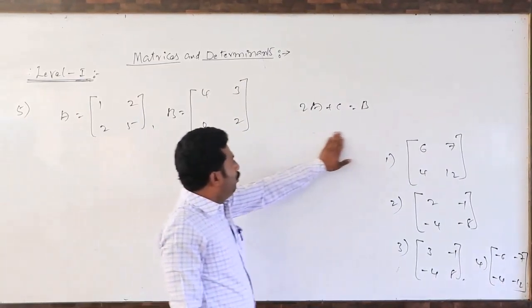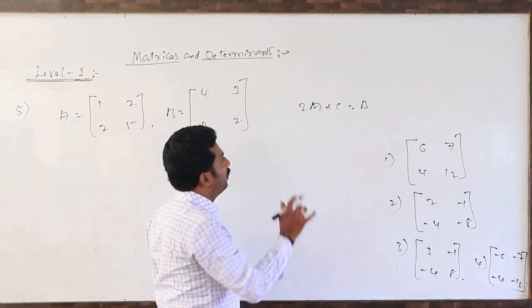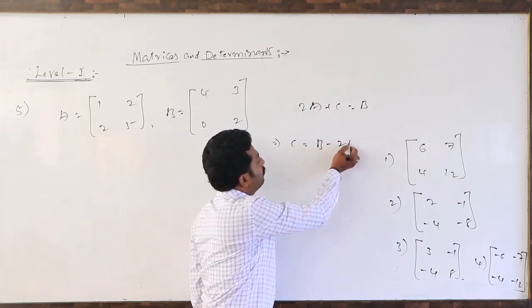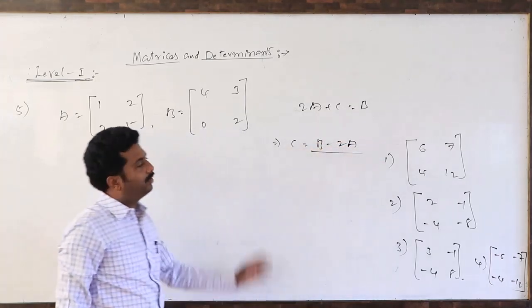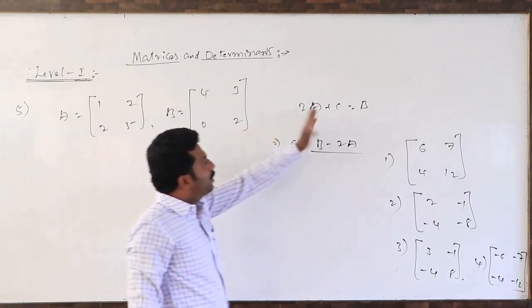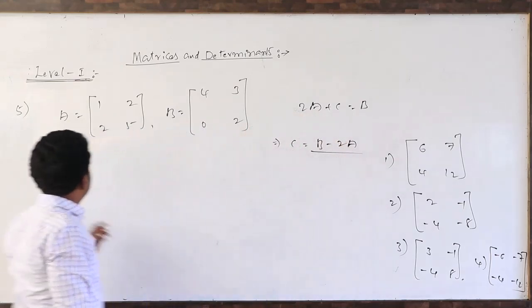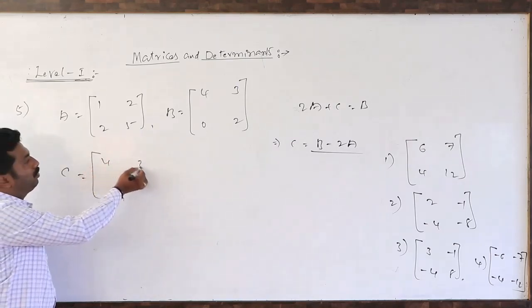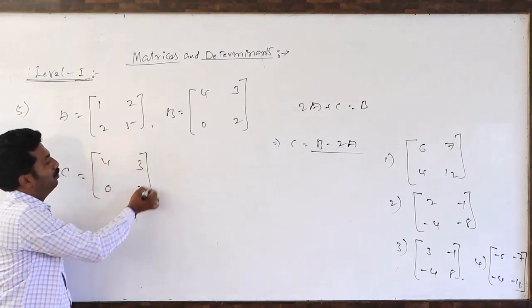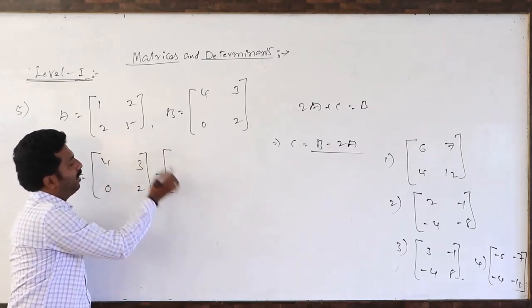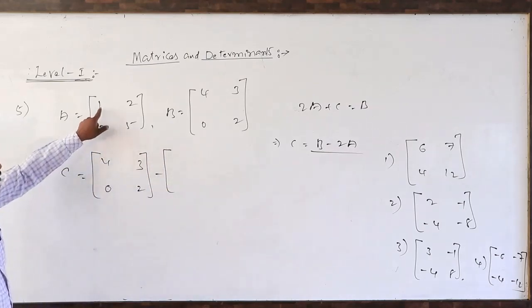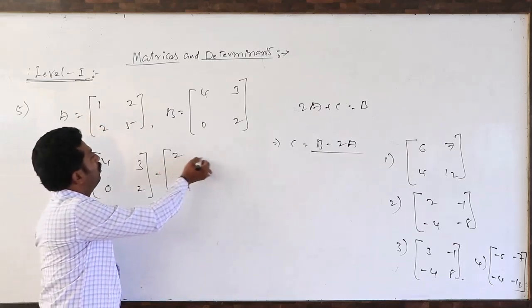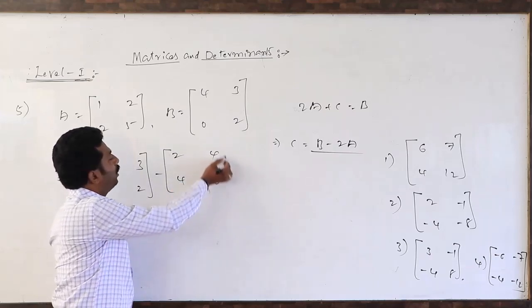So you observe, the C matrix we have to calculate. From this, C can be written as B minus 2A. B minus 2A, because if you send 2A to that side it becomes minus 2A. So C equal to B matrix 4 3 0 2 minus 2 into A matrix. 2 into A matrix means all the elements of A multiplying with 2, which is 2 4 4 10.